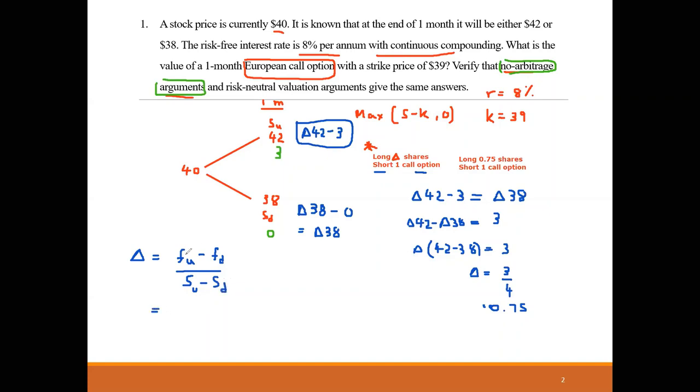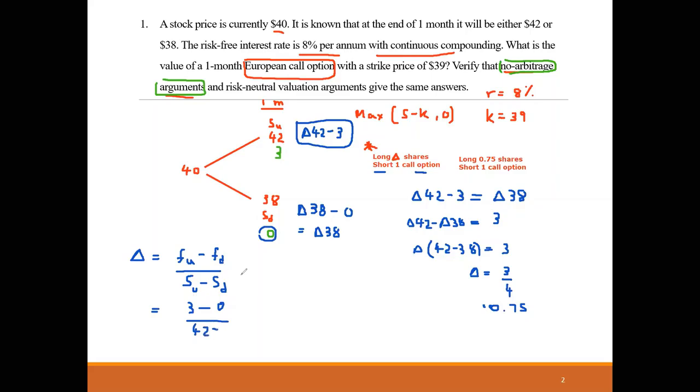If it goes up, the option price is how much? The option price was 3. So 3 minus, if it goes down, the option price was 0, the value that we had over here. So 3 minus 0 divided by SU, which is 42.